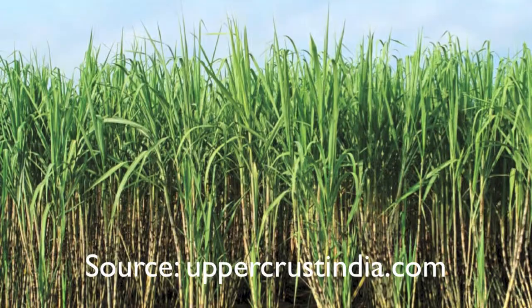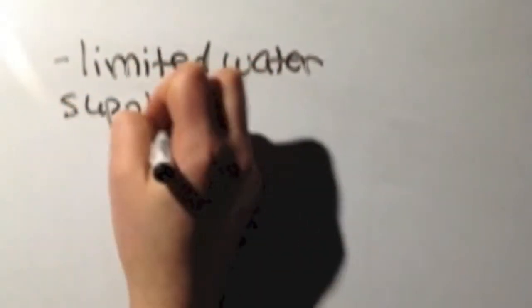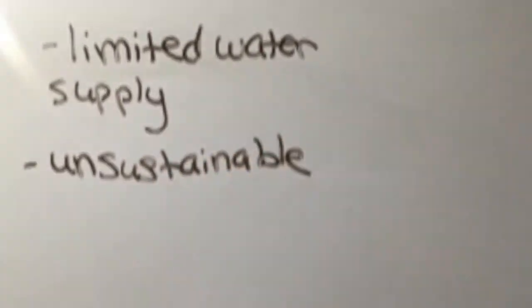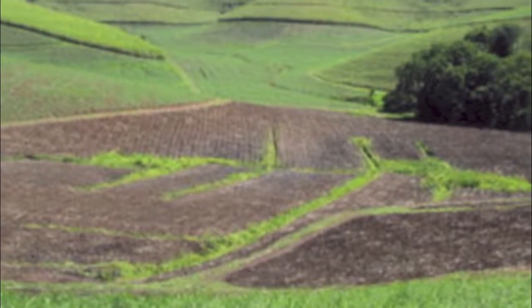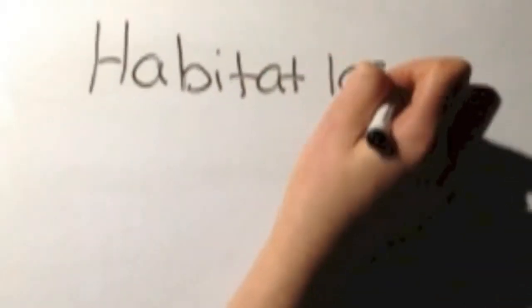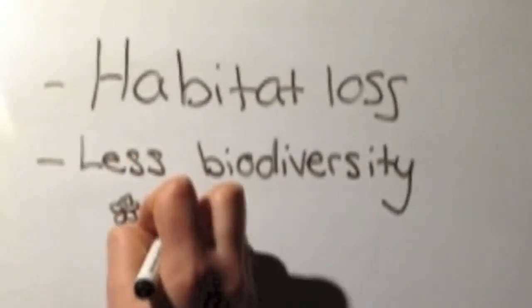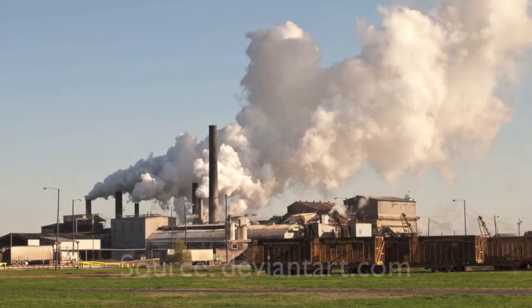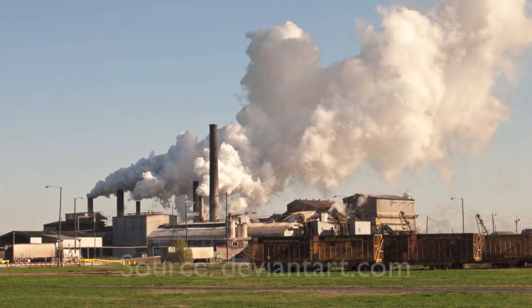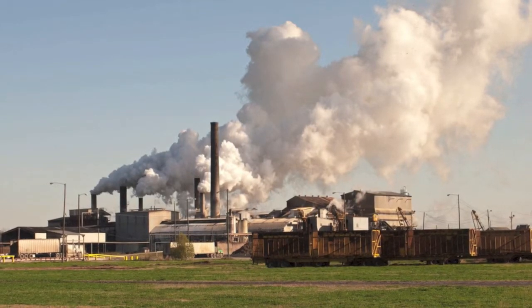This affects the environment as there is a limited supply of fresh water in the world, and using it excessively is never a sustainable practice. Sucrose also contributes largely to habitat loss because of the vast amounts of land cleared for sugarcane plantations, which decreases diversity in animal and plant life. Air quality is also made poor by the pollution caused by sugar mills in the processing phase of sugar, as the factories let off emissions.